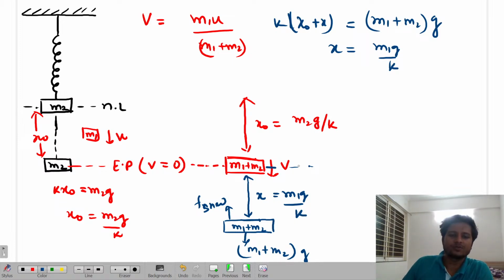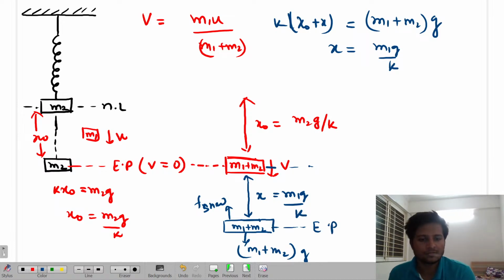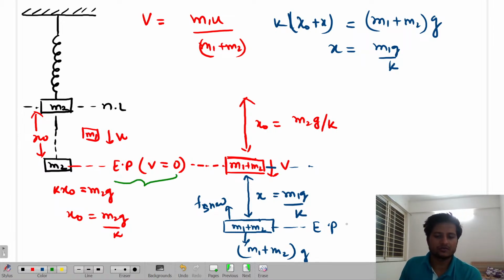Now this was my velocity, m1u by m1 plus m2, and after addition of mass, here once again an equilibrium point is created. If at the equilibrium point in my initial case the velocity was 0, so here also the velocity will be equal to how much? 0. मेरी बात समझ में आई या नहीं? Understood?